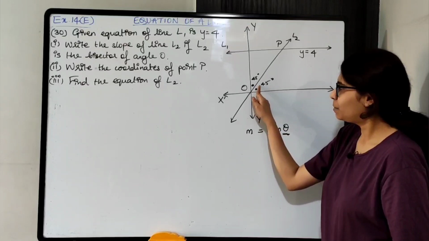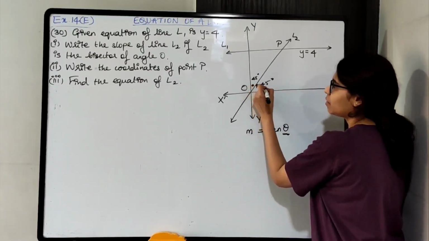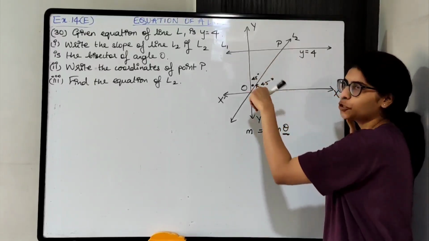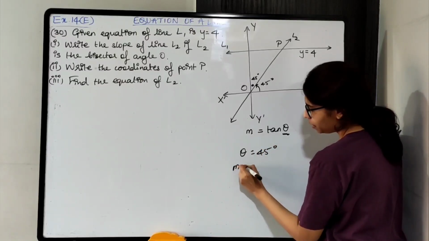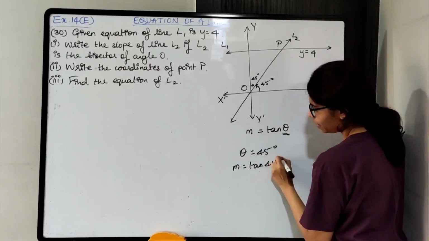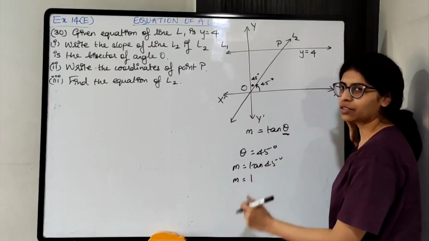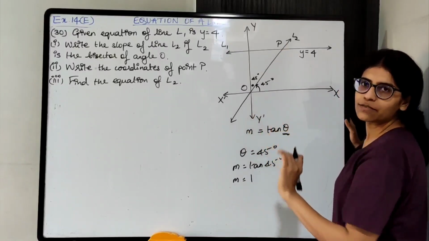So this angle will be 45 degrees. This is 45 degrees. So theta is 45 for L2. So M will be tan 45, that is nothing but 1. You're supposed to know standard value table, okay. So slope of L2 is 1.